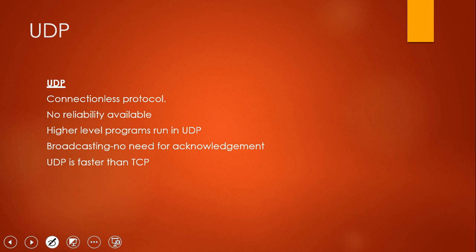UDP is a connectionless protocol with no reliability. Higher level programs run on UDP, and broadcast needs no acknowledgement. UDP is faster than TCP. Like when your PC communicates with another PC, that is TCP: when the reply is received, it is synchronize and acknowledge.